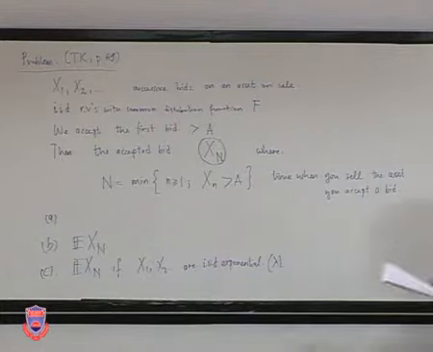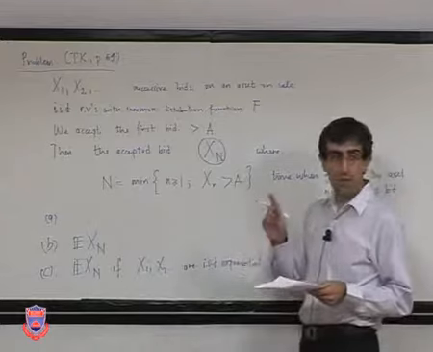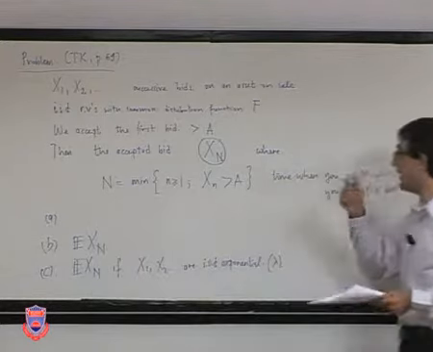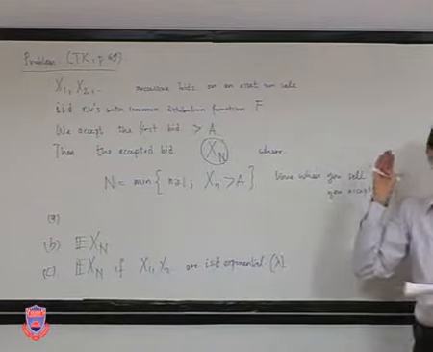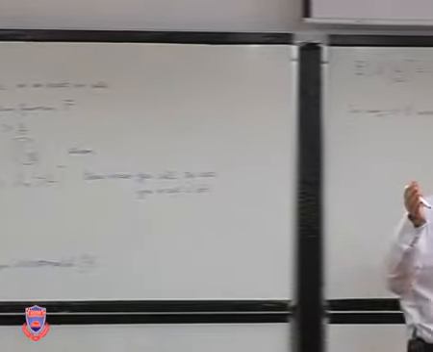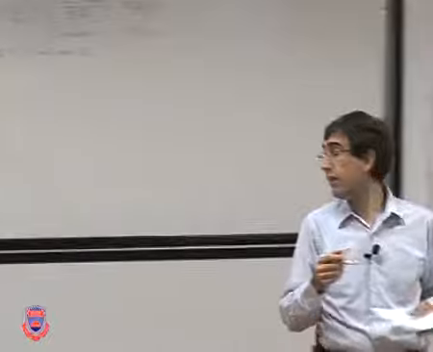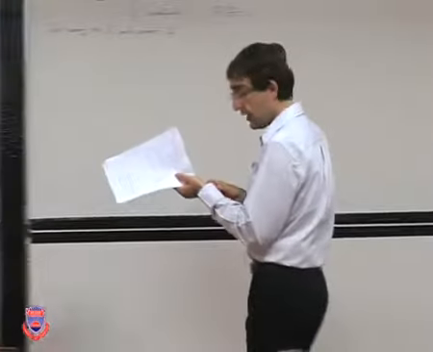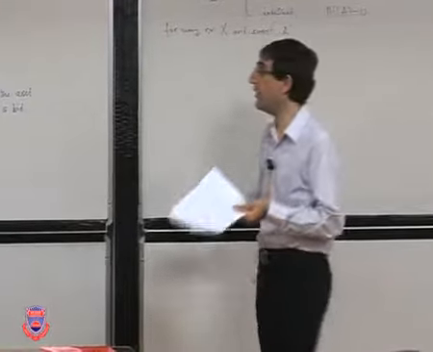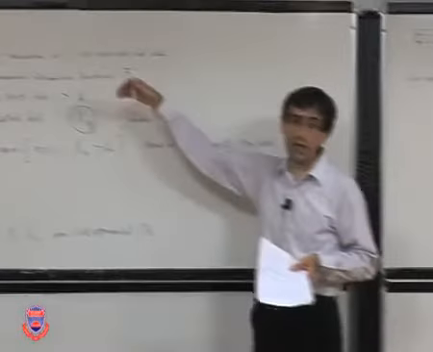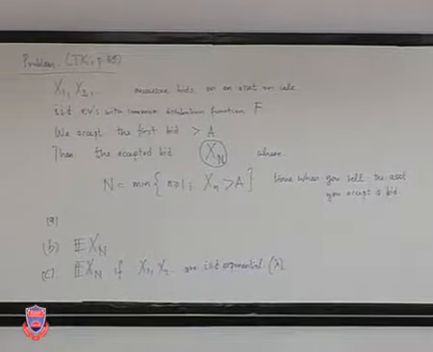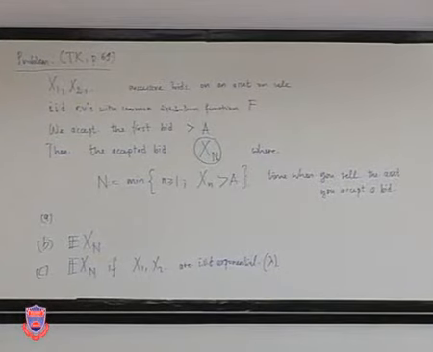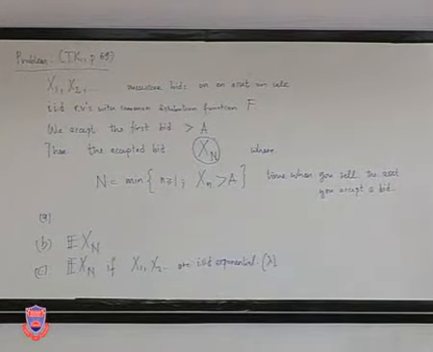But in part A, the very first question that may come to your mind is, do we ever have a chance to sell this thing at all? You may just wait and wait and wait, and you may actually end up not selling this asset at all. That may also happen. What happens, for example, if A is so large that nobody is even thinking of offering a bid which is larger than what you have in mind?